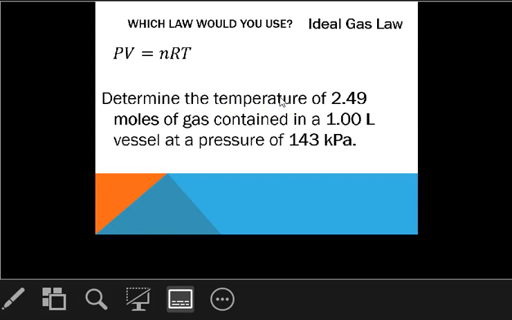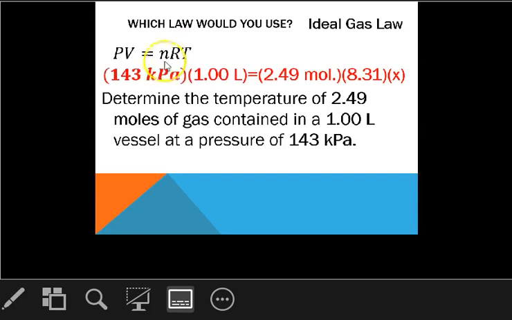There's only one P, there's one V, there's going to be one n, one R, and it will solve for one T. Unlike a combined gas law problem where there is a change in circumstance. All right. So when you solve it, you have two sides of this equation, the PV and the nRT side. The side that goes in your calculator is the side where you have no variables.